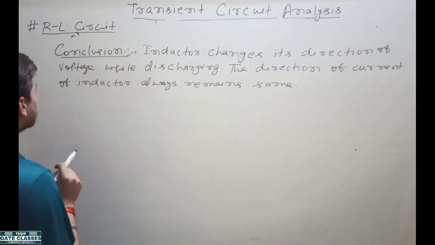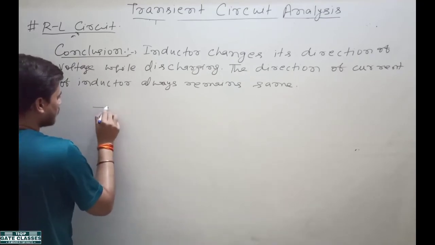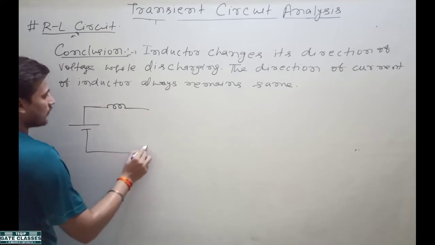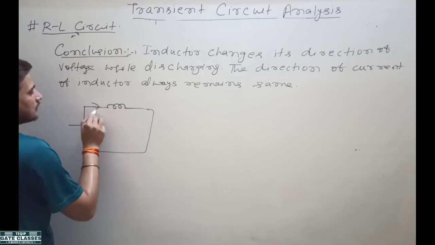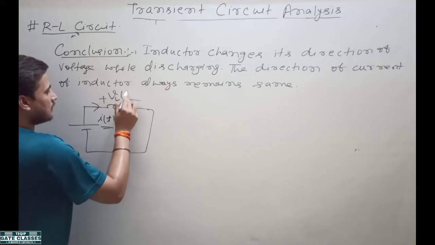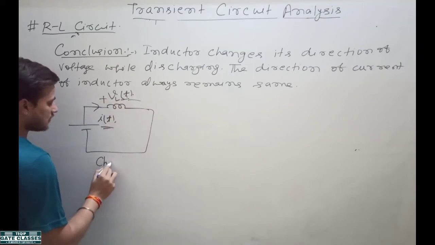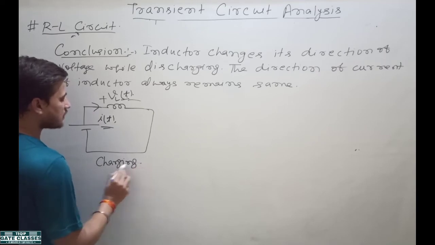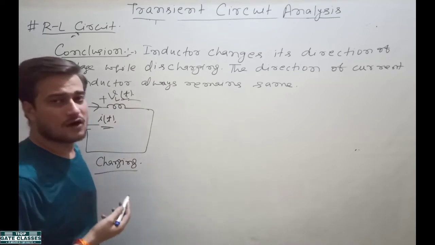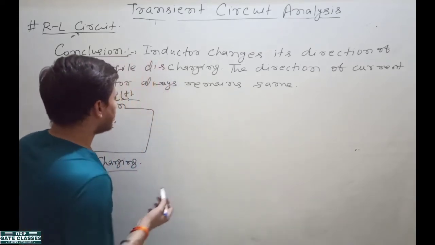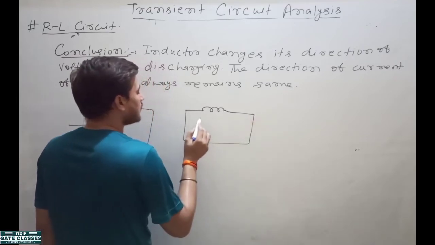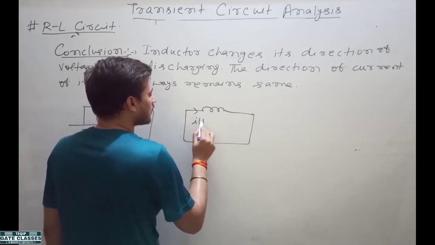Clear? Let us understand. If you are giving some supply to the inductor, then current is flowing like this, and there will be a voltage drop across the inductor. This is VL(t). So this is the charging mode. You see current is entering through the positive terminal, which means it is charging. Next, what happens? If you remove the supply, there will still be current because an inductor does not allow sudden change in current.